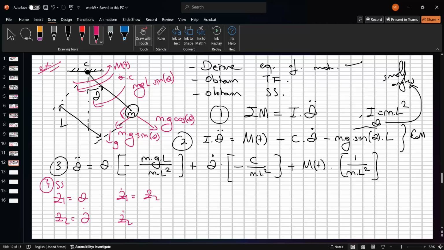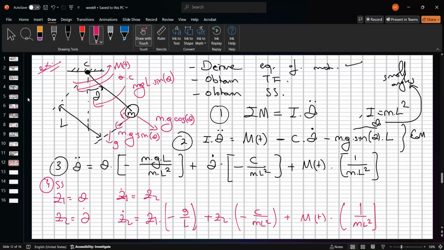Z2 dot is Z1 times minus G over L, because it's the simplification of this term, and Z2 times minus C over ml squared, and M times one over ml squared. These are the basic form.